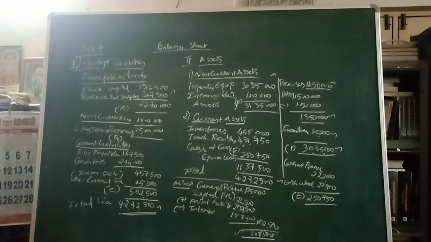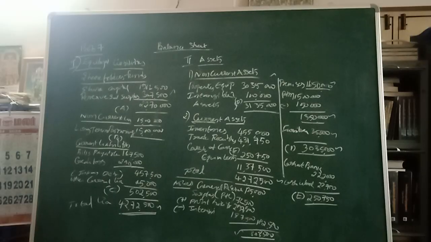The subscribed capital you have is 20 lakhs, minus calls in arrear given in the question, 37,500. Balance is what? Now we have to take the amount of 19,62,500 as share capital.